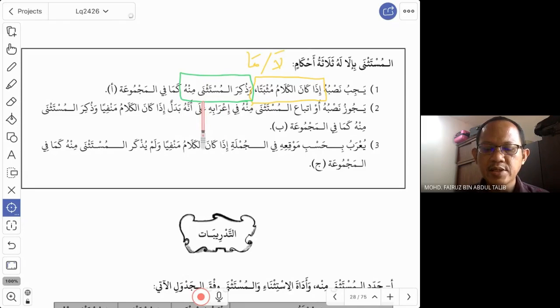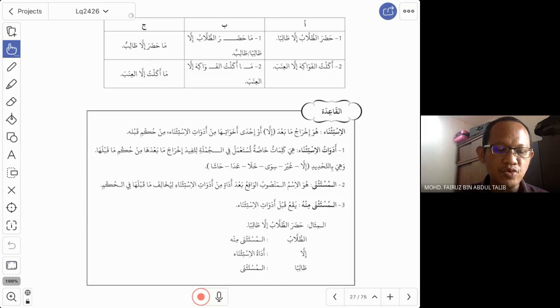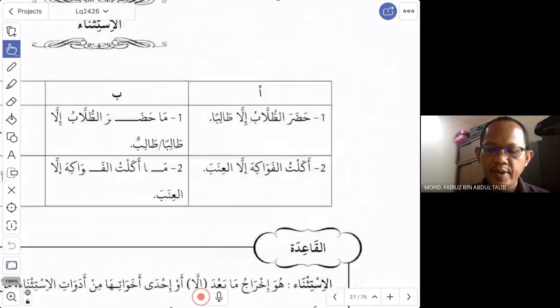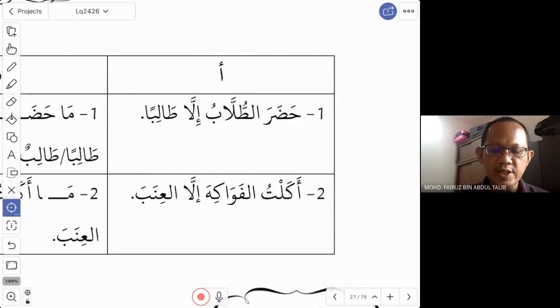If you have these two conditions, then the hukum of the mustathna is always mansub. This is in example number 1. If we go back to example number 1, al-majmu'a al-ula, can you see the mustathna? Is this jumla muthbat? What do you think?